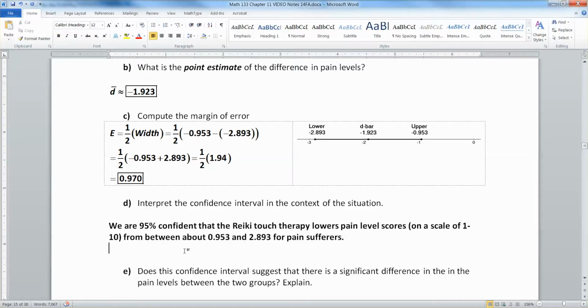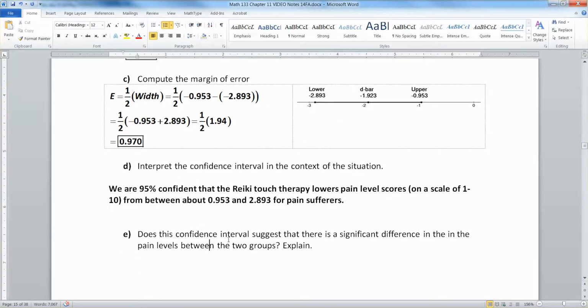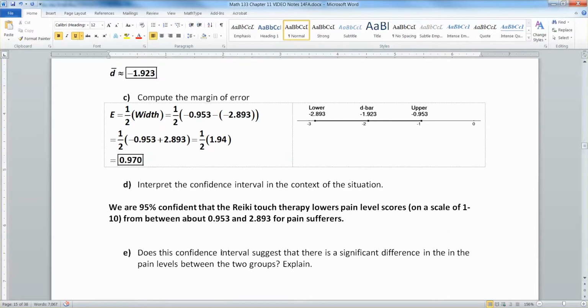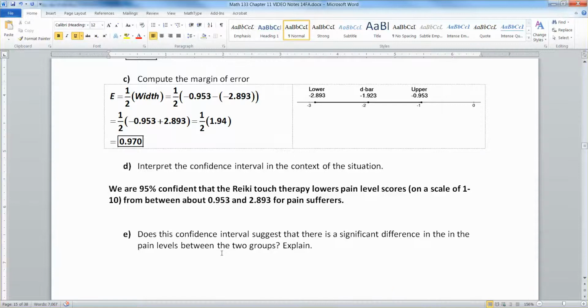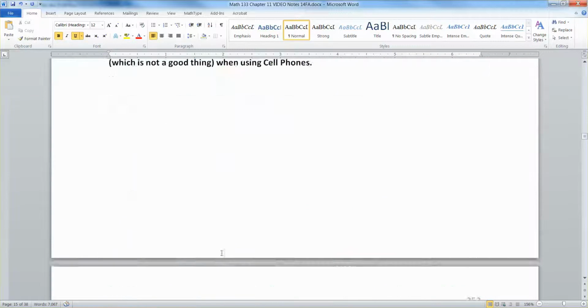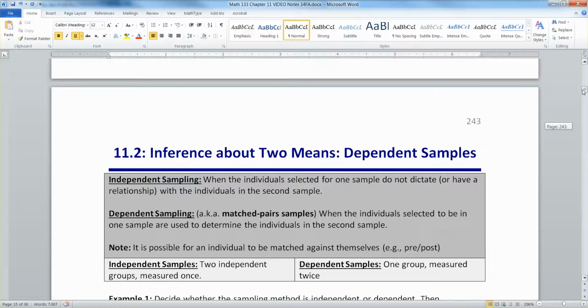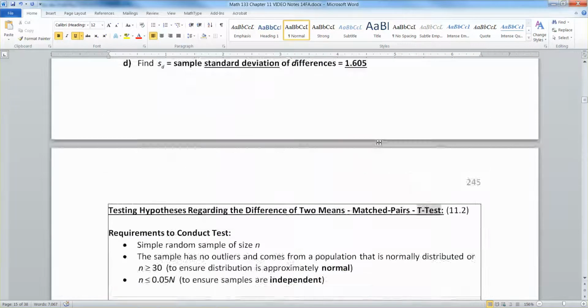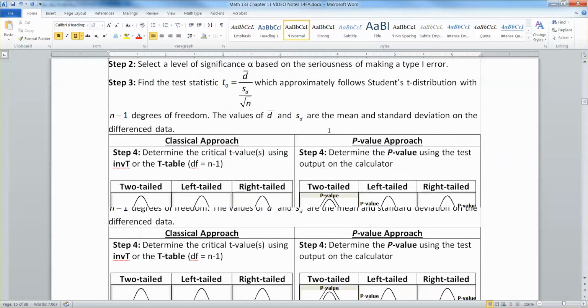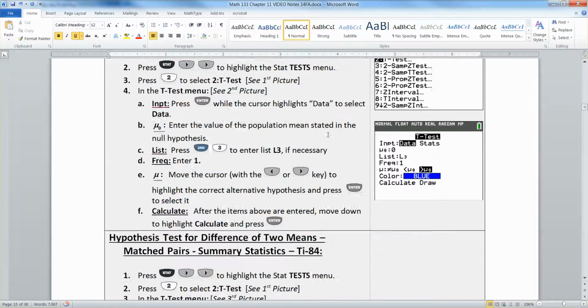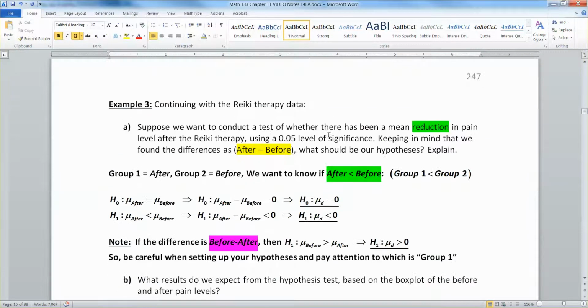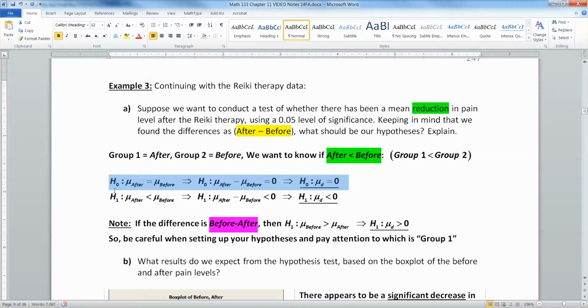Now, does this confidence interval suggest that there is a significant difference in the pain levels between the two groups? Yes, it does. But we need to explain why. If there wasn't a significant difference, then the null hypothesis would be true. Let me go back to the hypothesis test for this. When you have no significant difference, that means that your null hypothesis would be that the mean for the difference would be equal to 0 right here.